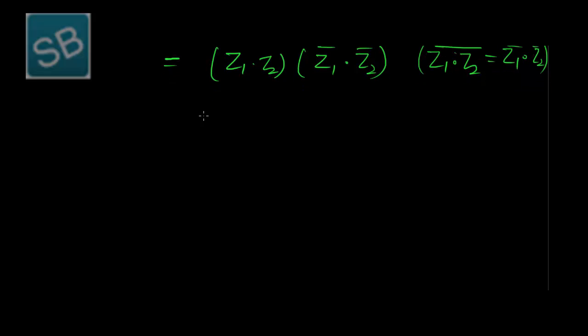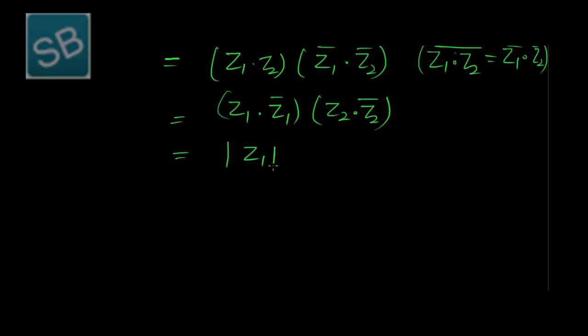So for the next step, we take the product z1 into z1 bar and z2 into z2 bar, rearranging these terms. As you are familiar, z into z bar is equal to mod z square, so we use this property in these two terms.